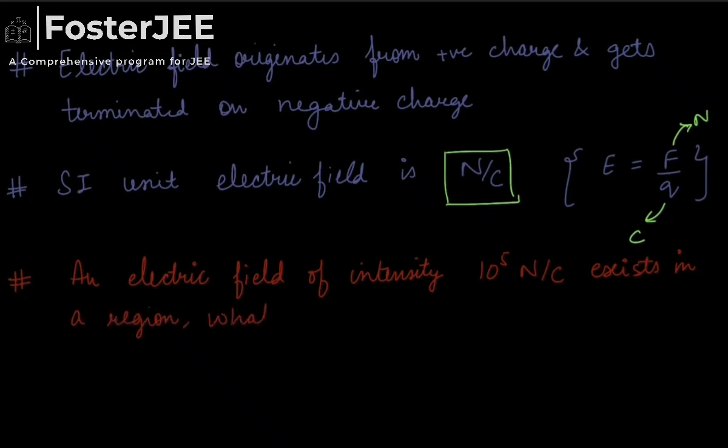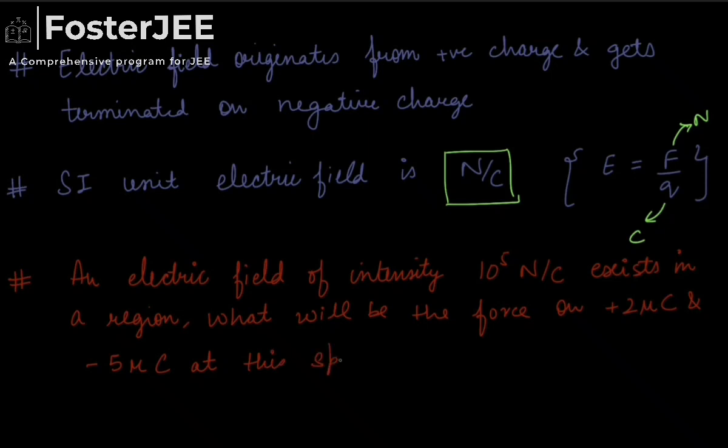What will be the force on plus 2 microcoulomb and minus 5 microcoulomb at this spot, or we can say at this region where the magnitude is 10 to the power 5 Newton per Coulomb?